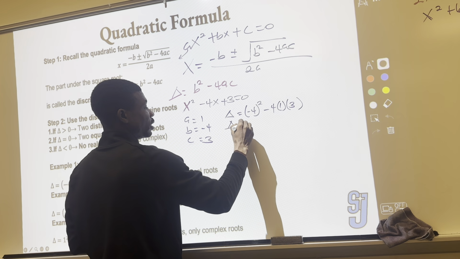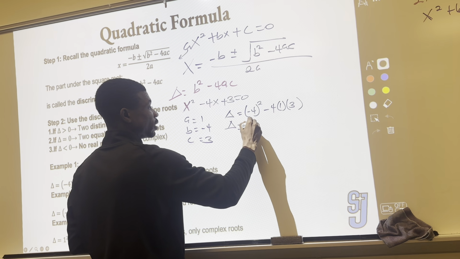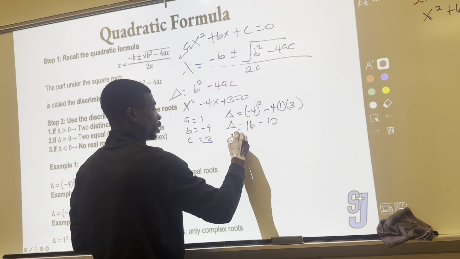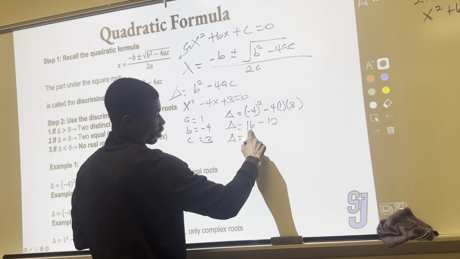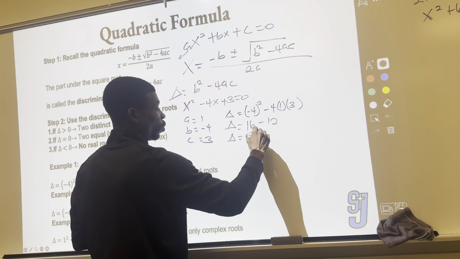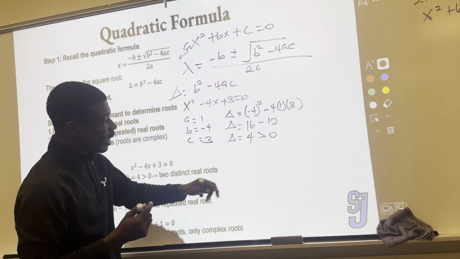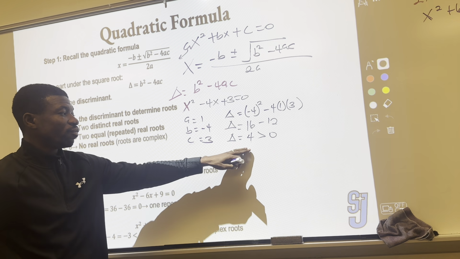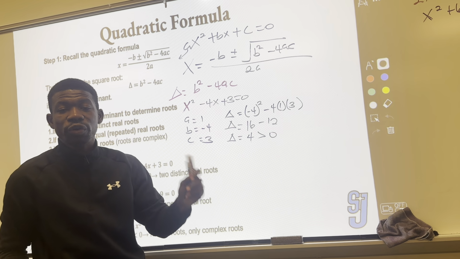So my discriminant is -4 squared, 16 minus 12, and the discriminant is 4, which is greater than 0. Once I establish this, it means that my solution has two real roots.